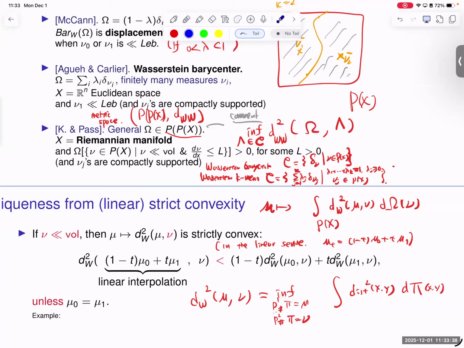So the right hand side will always be an upper bound for the left hand side, because the transport plans on the right hand side can be combined to make a transport plan for the left hand side. So it's fine. Go on.